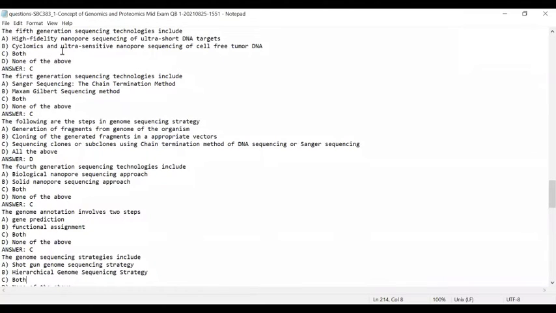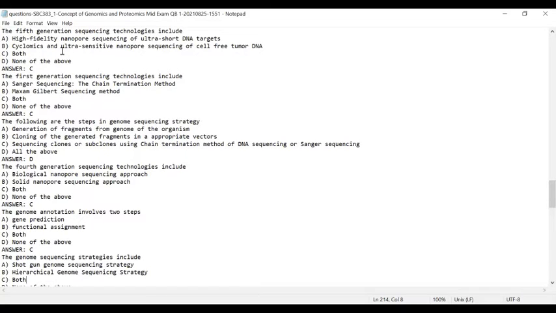High fidelity nanopore sequencing, or cycles ultrasensor nanopore sequencing. Those are the two technologies which are used for sequencing short fragments with high accuracy, and they're known as 5th generation. Is it clear?